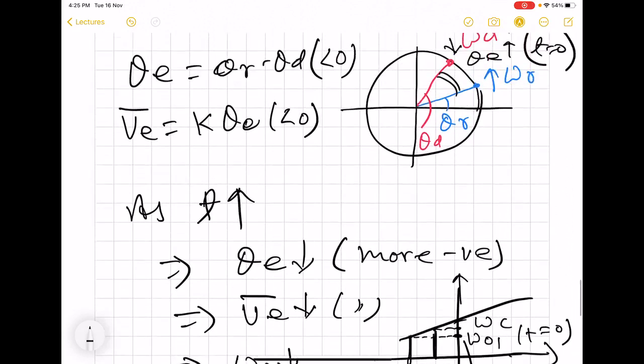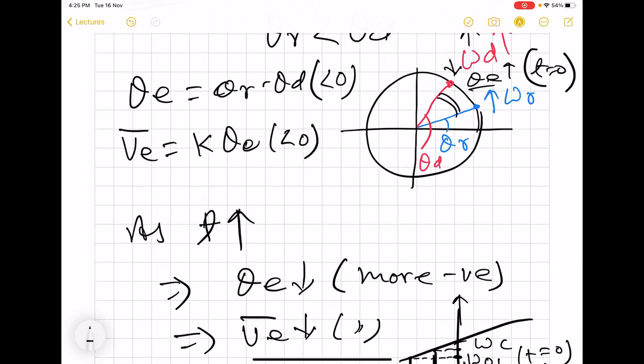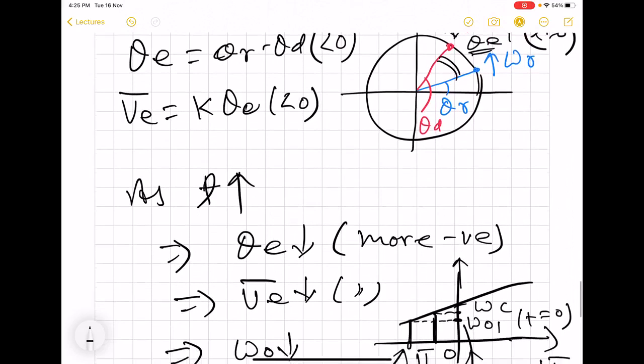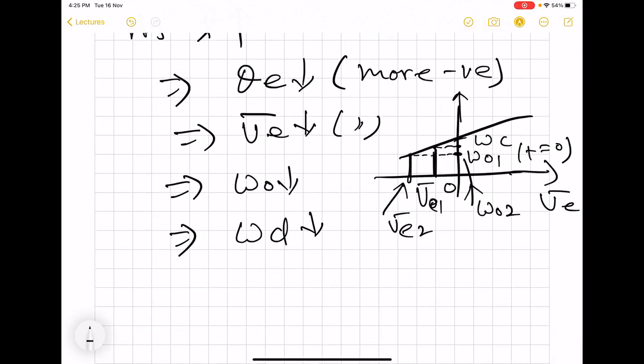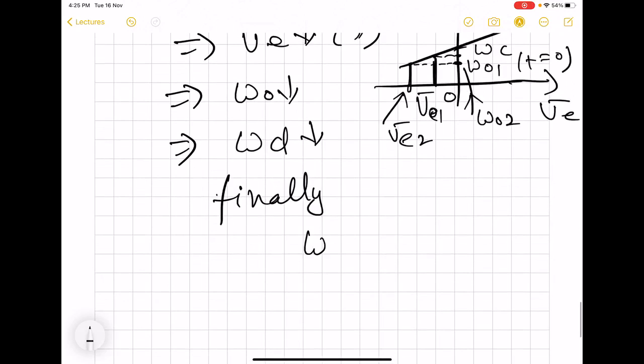So here we will see that now this error will increase, but now it will increase at a slower rate. So in this way, ultimately, the VCO frequency will be able to become equal to the reference frequency. Finally, this omega d will become omega r after some time, after a delay.